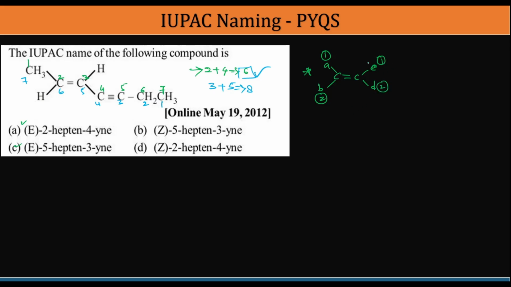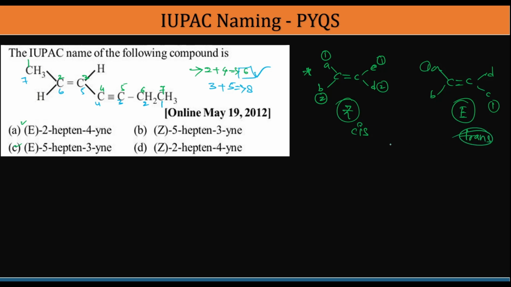So for the highest priority groups, you just check one thing. Here the highest priority groups are on the same side, so the configuration will be Z. And if it is like this, like A, B, C, D, now the highest priority groups are on opposite sides. That's why the configuration is E. So this is like a cis and this is like a trans.